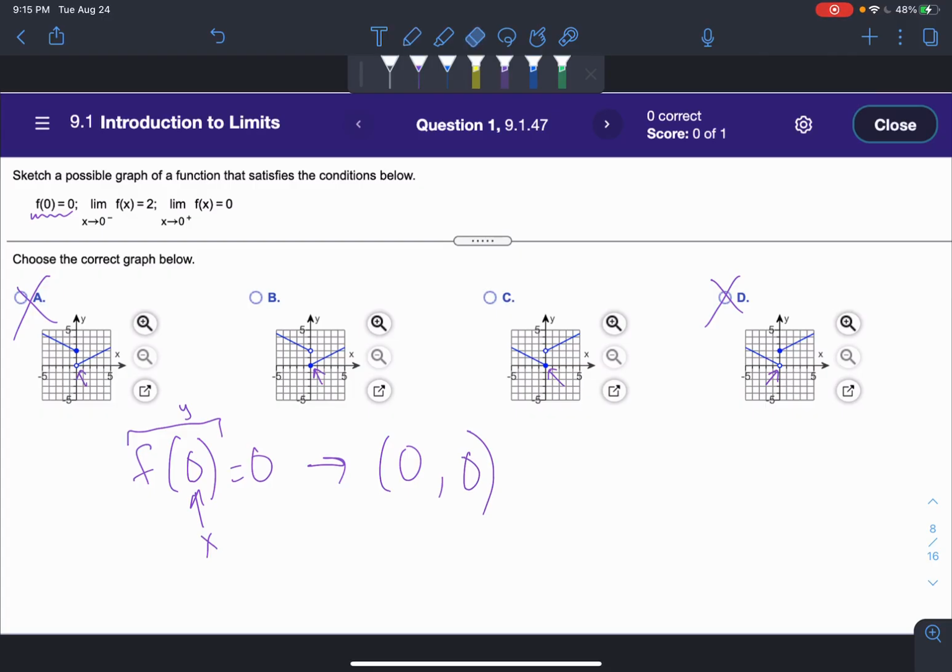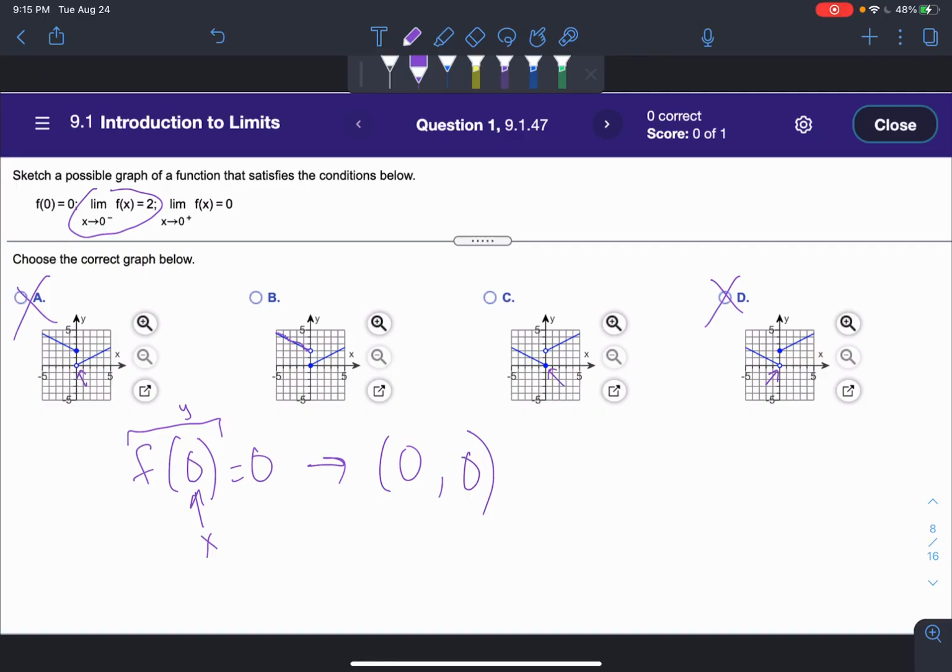Okay. So now let's go to the next condition. I want to look at what my function is doing as we approach 0 from the left. So let's start with B, now that we narrowed it down to 2 options. So I'm going to trace my finger starting from the leftmost part of the function, trace it all the way down as we get to x equals 0.